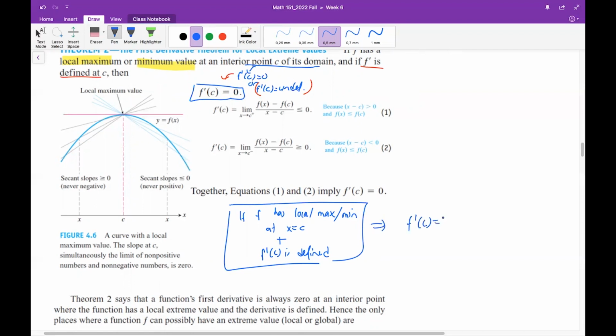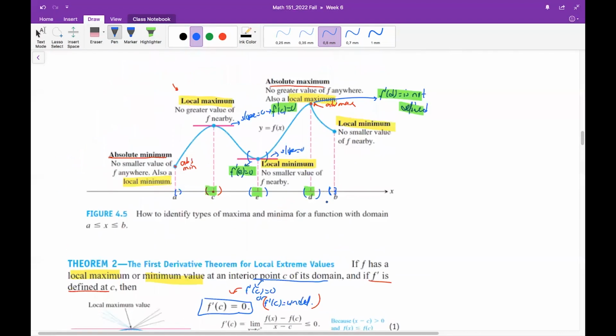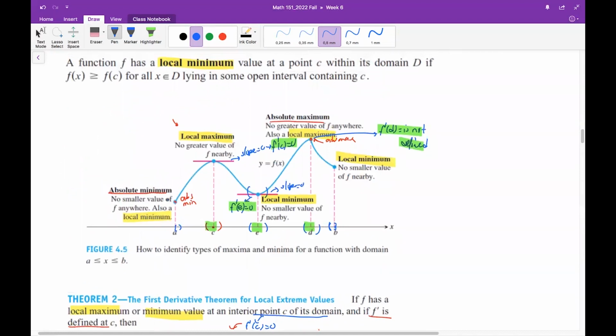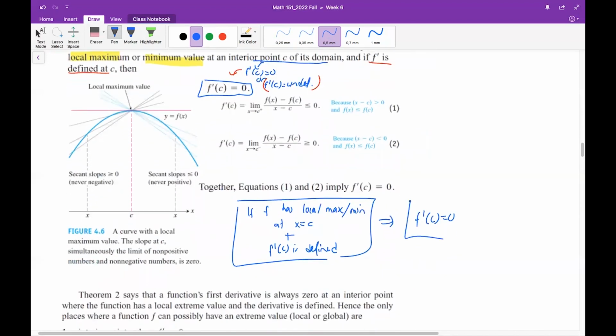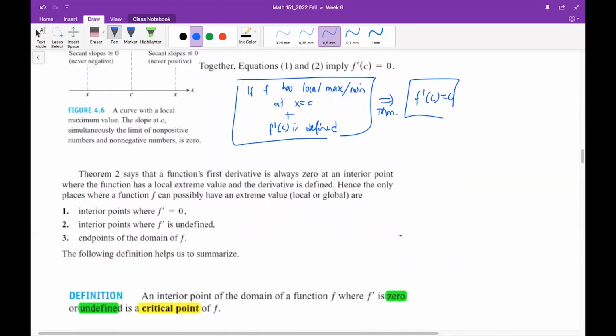Then this has to be 0, because at local max and local minimum points, your function does such a turning. If the graph is turning like this, you must have a horizontal tangent, meaning that the first derivative has to be 0 there. Okay, this is the conclusion. And this test is called the first derivative test. So this is a theorem. Let me move on.